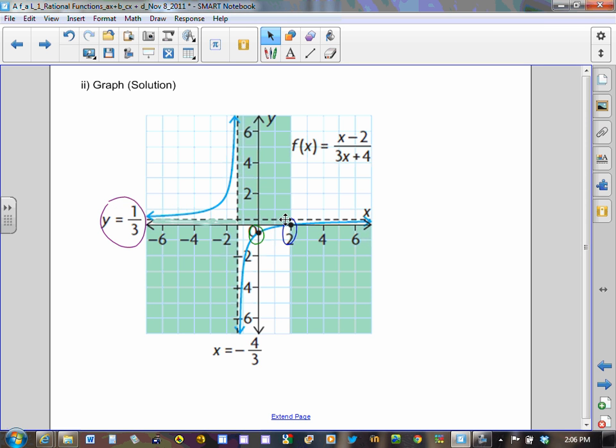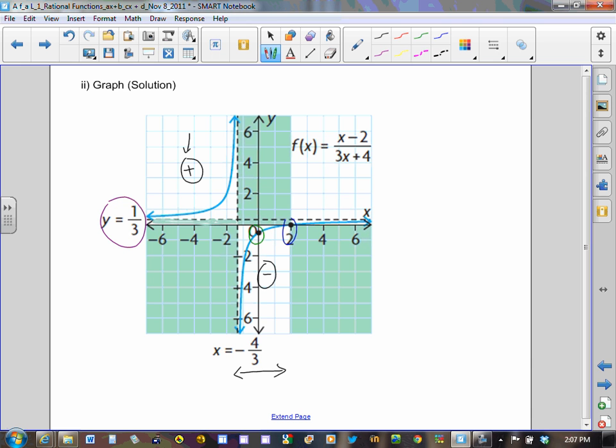With that information in mind, now also look at the regions where the function is positive and negative. So we tested values that were less than the minus 4/3, right? We tested values that were less than that, and we ended up with positive y values. We then decided that we would look in between minus 4/3 and positive 2, and the function values are negative in that region.